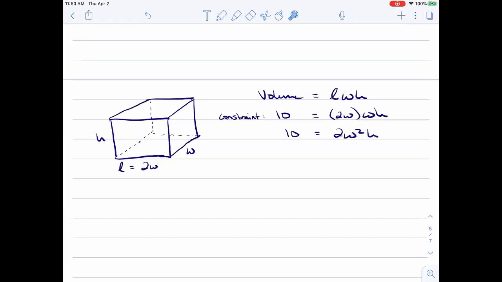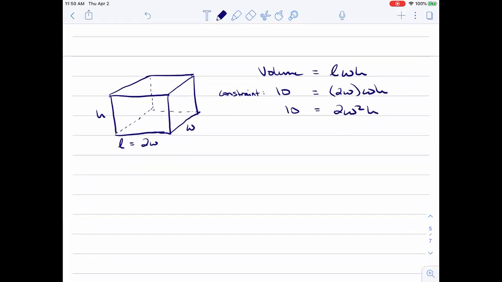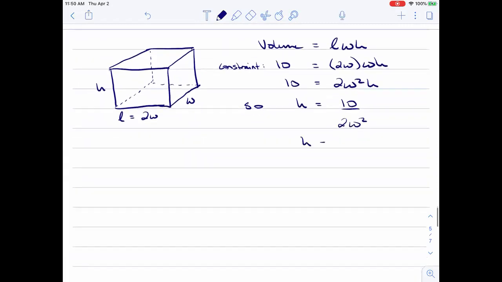I wouldn't recommend it. So I'm just going to solve for H here. It's just going to be way harder to solve for W. So H must be 10 divided by 2W squared, so H must be 5 over W squared.